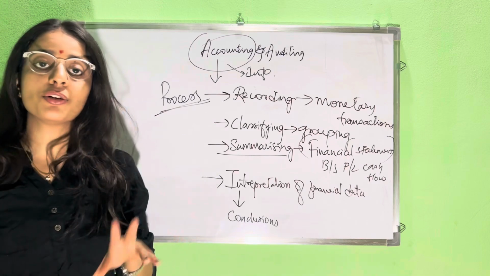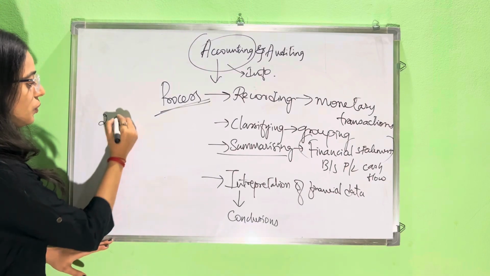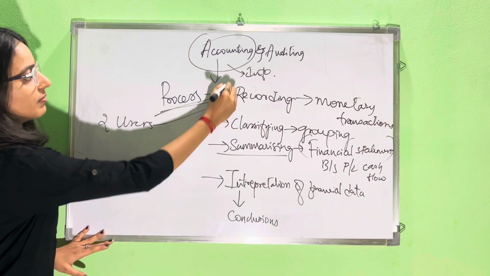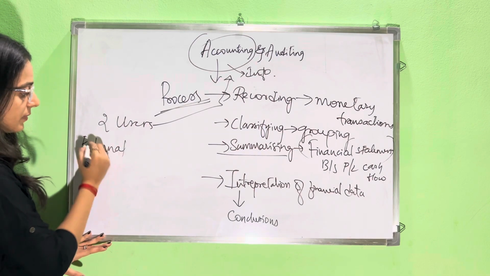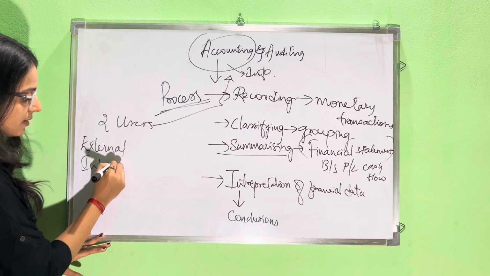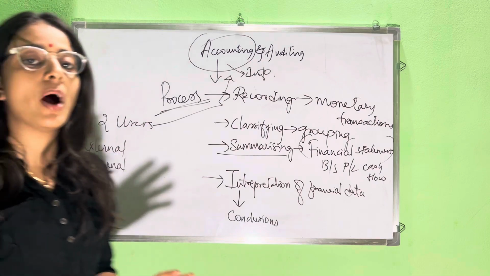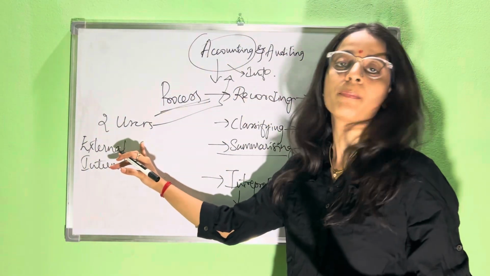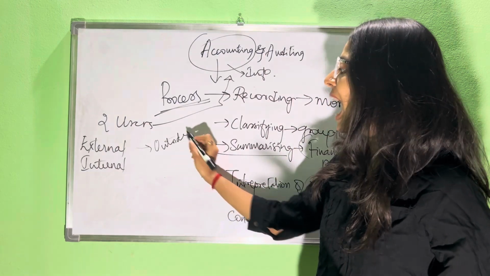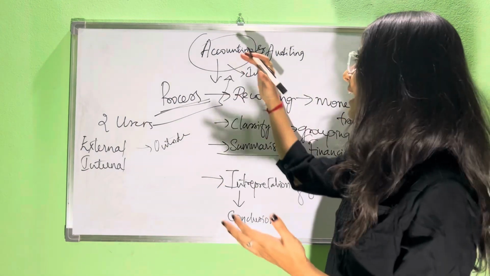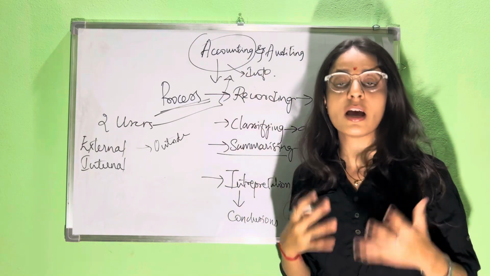So, we also know there are two users of accounting information. Right? One is external and the other one is internal. So, who are these external users of accounting? They are someone who is outside the organization and is still interested in the accounting information of your business. For what?